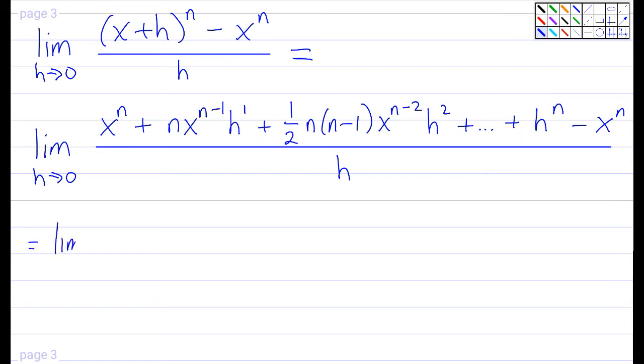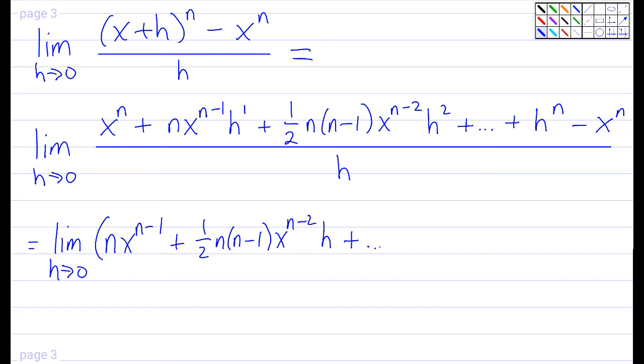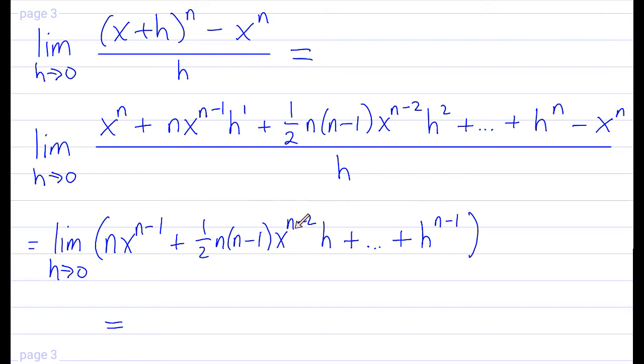Limit h goes to 0 of, well, n x to the n minus 1. That doesn't have an h in it anymore. We still have 1/2 n minus 1 x to the n minus 2 times h, plus, plus h to the n minus 1. That's it. Look at what happens. Every term starting with this term and going on has an h in it.